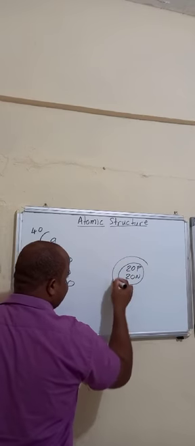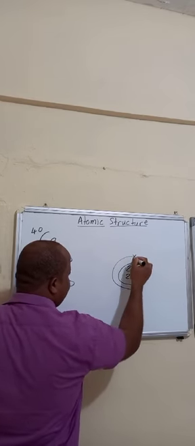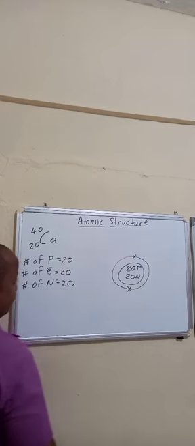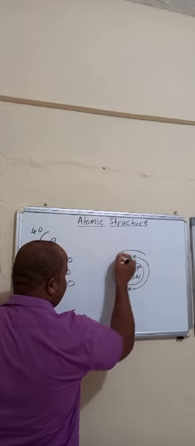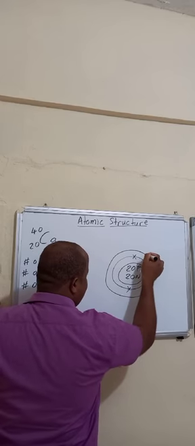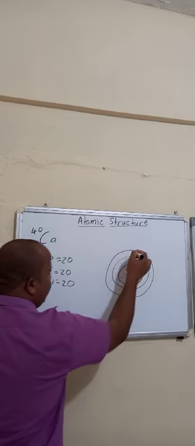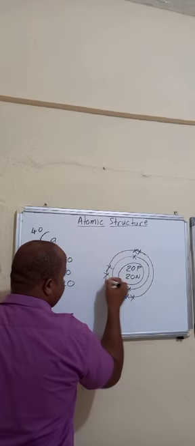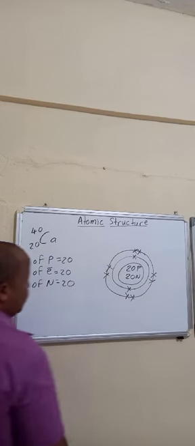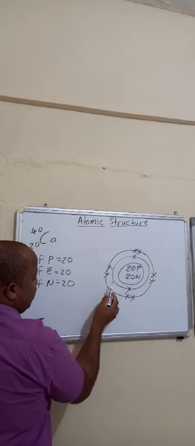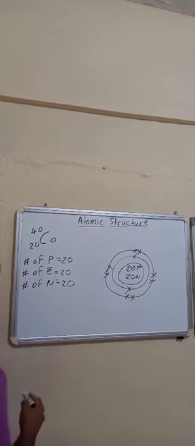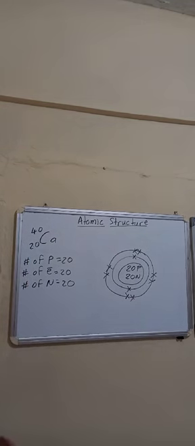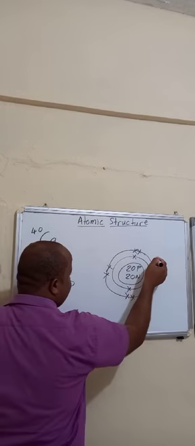On our first shell, we will put 2 electrons. On the second shell, we will put 8. So 8 on the second, 2 on the first, we're at 10 electrons. That means we still have 10 more. So we will draw a third shell.